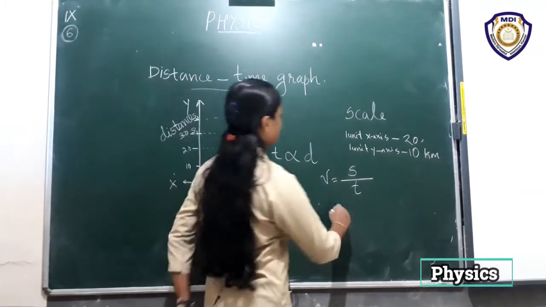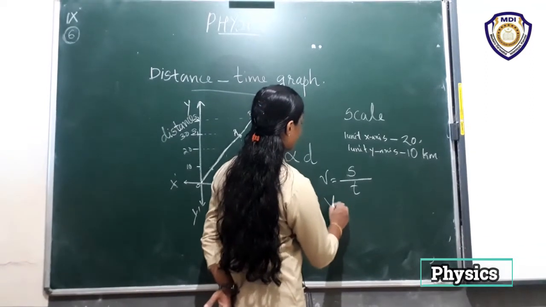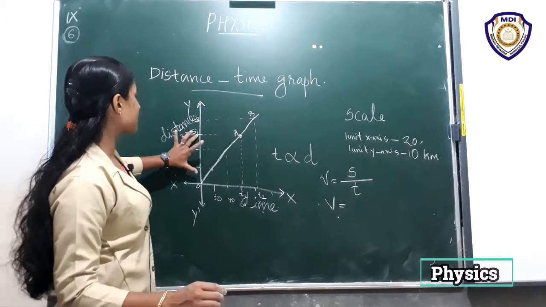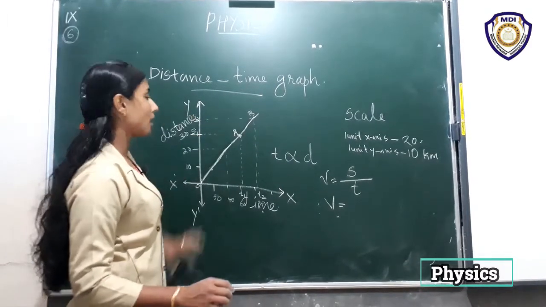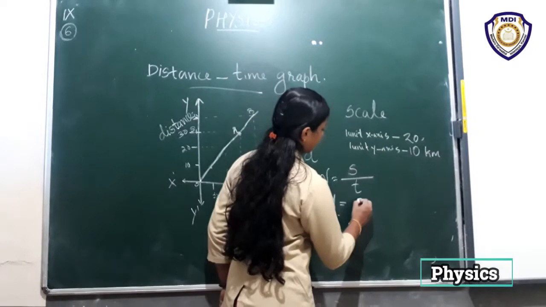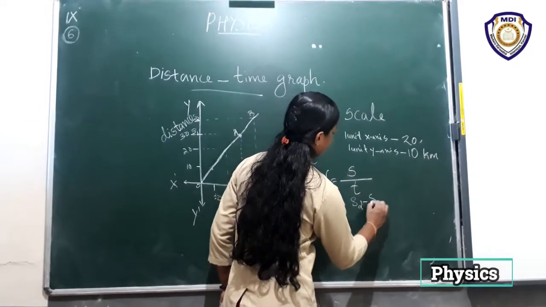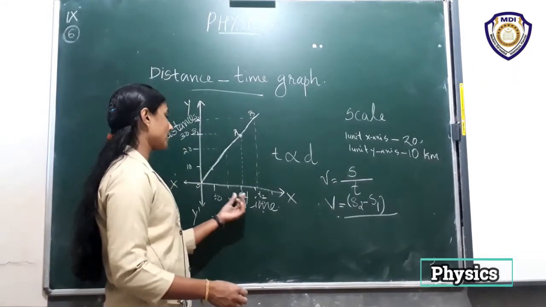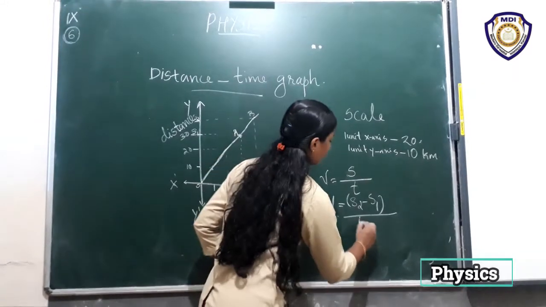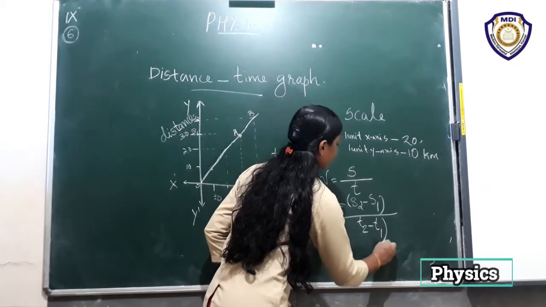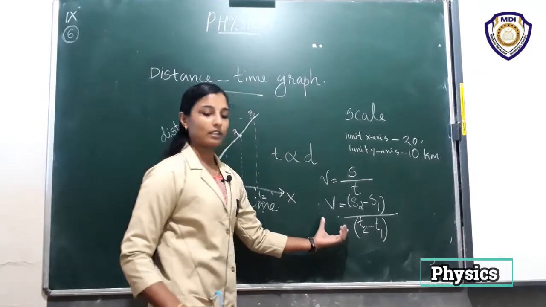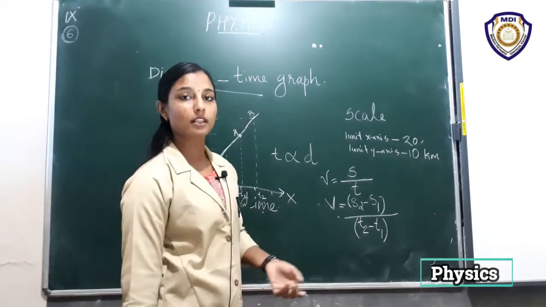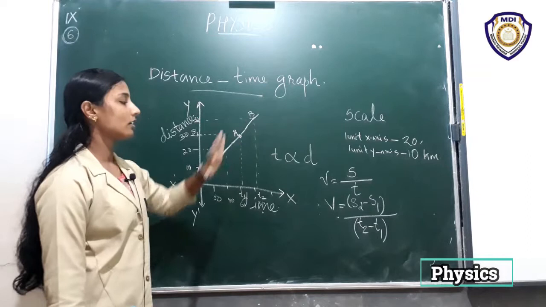So we have the speed v equal to s2 minus s1, the distance, divided by the time, t2 minus t1, right? This is the speed of the object at this instant, right?